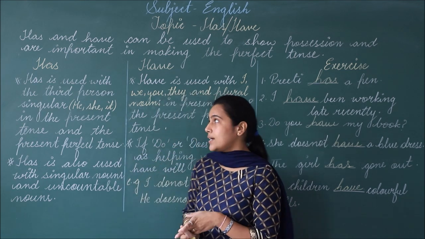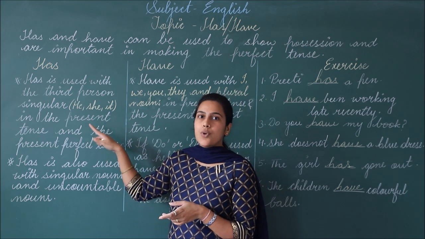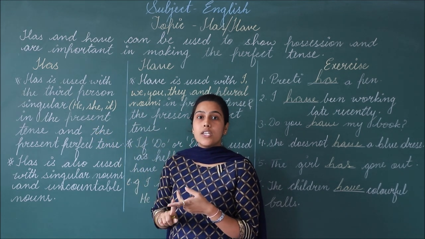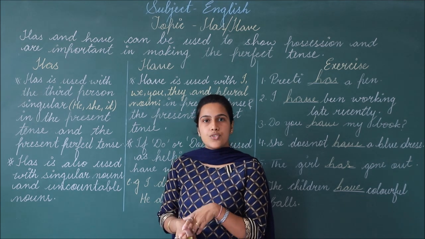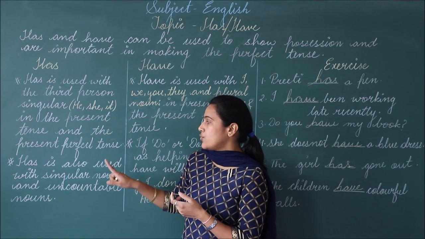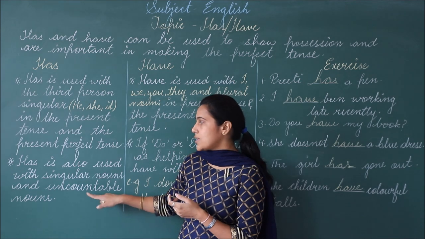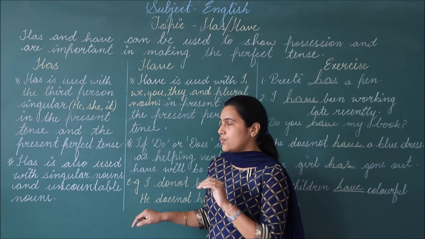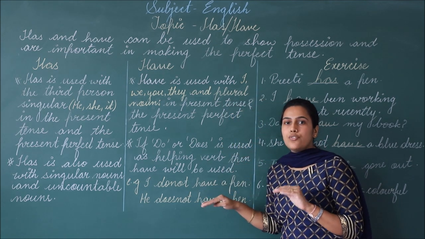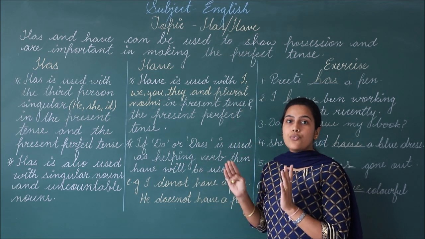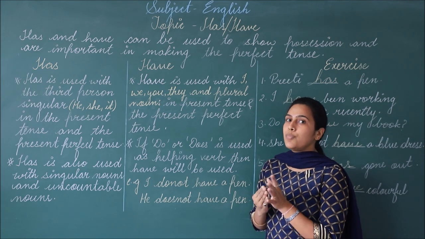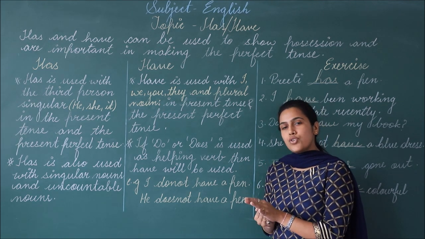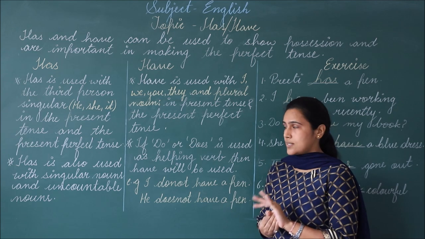And I told you that has is used with third person singular, that is he, she, it, and in present perfect tense. And we also use has with singular nouns and uncountable nouns. Then we learned about have, that we use have with I, we, you, they, and plural nouns. And we also use have in present perfect tense.